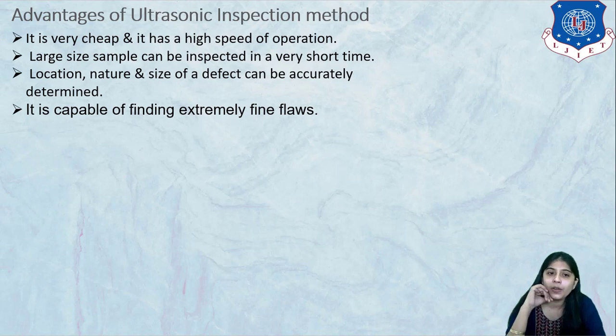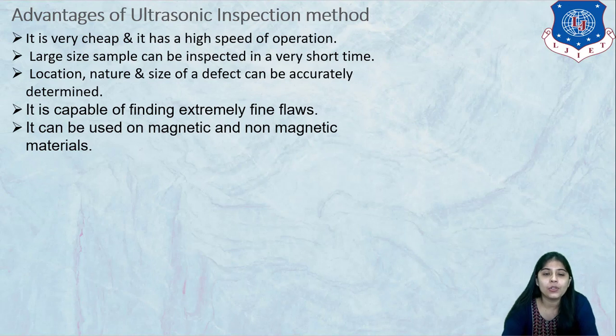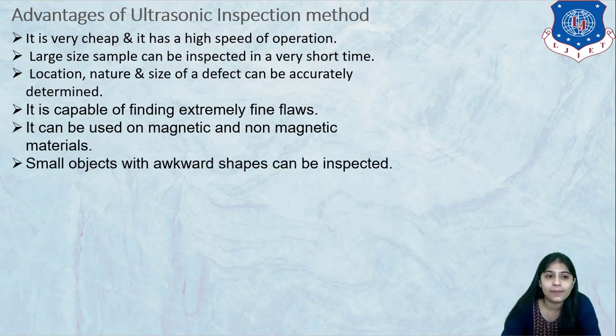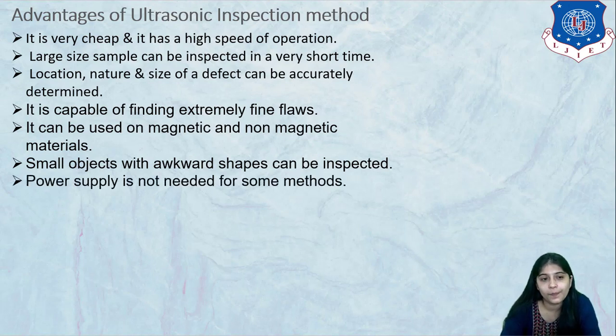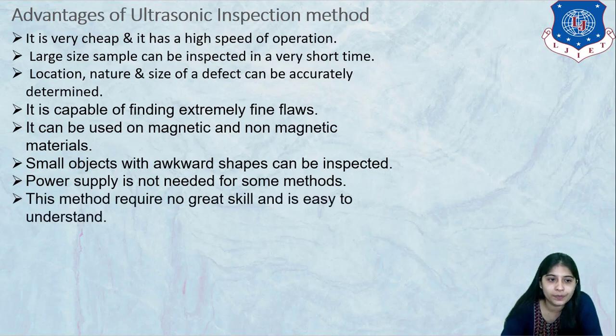It is capable of finding extremely fine flaws. It can be used on magnetic as well as non-magnetic materials. Small objects with different weird awkward shapes can also be inspected. Power supply is not needed for some methods. This method requires no great skill and is easy to understand.